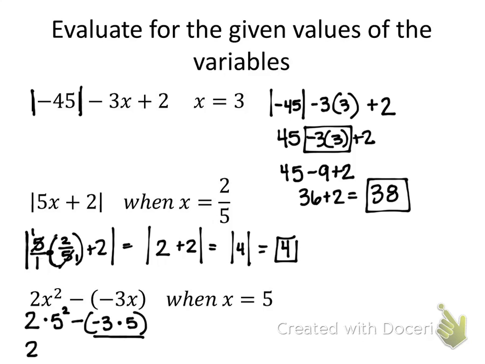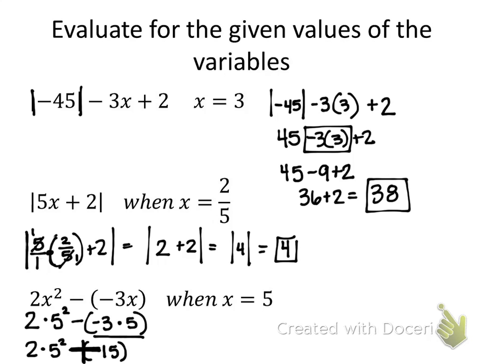So I'm going to leave 2 times 5 squared alone. What's negative 3 times positive 5? Negative 15. Okay? Before you go any farther, what do you see that you need to change? The 2 negative signs need to be changed to a positive. Okay? So we've taken care of parentheses. Step number 2 in order of operations is exponents.